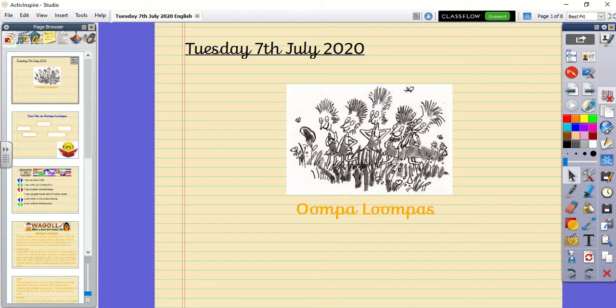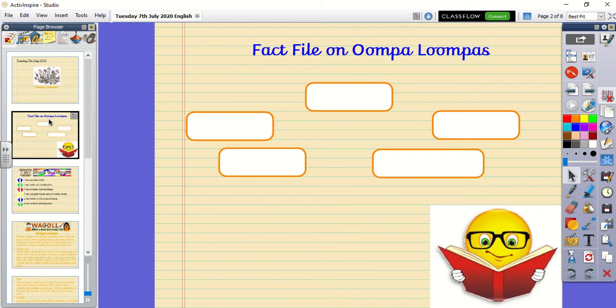So today then, you are going to create a fact file about Oompa Loompas. What kind of subheadings do we need to include? Here are some subheadings that I think you need to include. At this point of the video, please pause it and write down what subheadings you think you need to include in a fact file about Oompa Loompas.